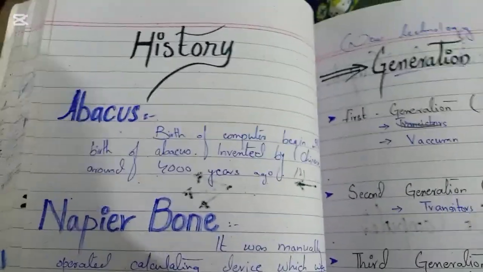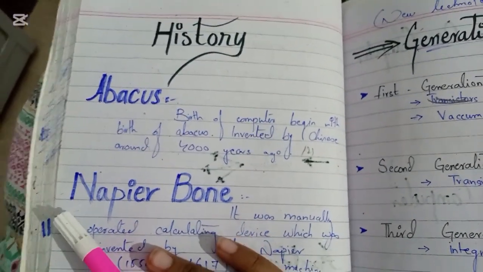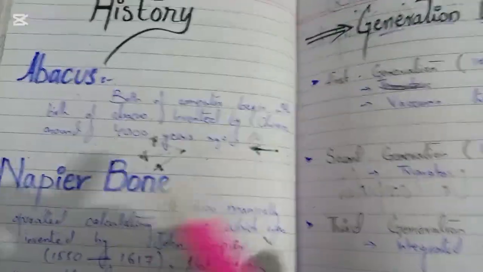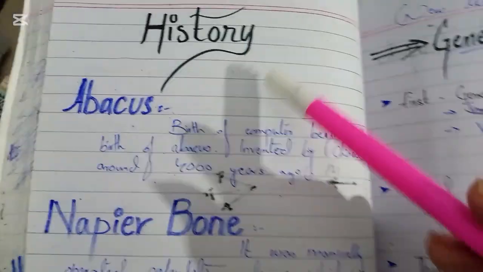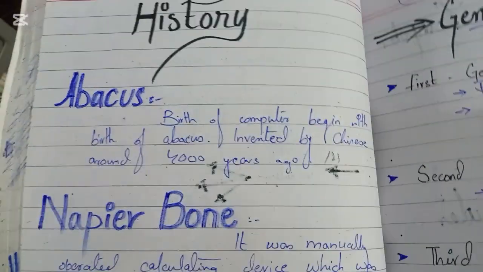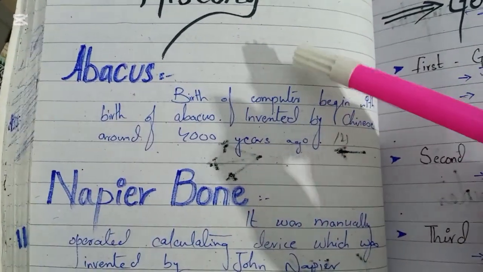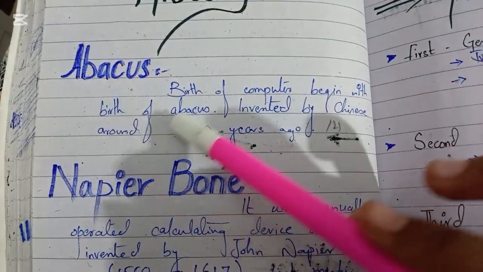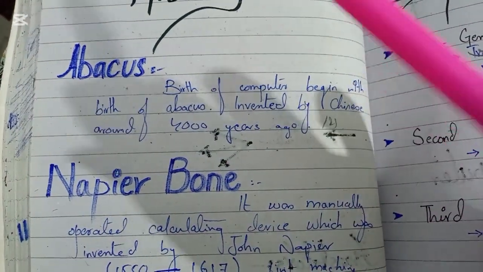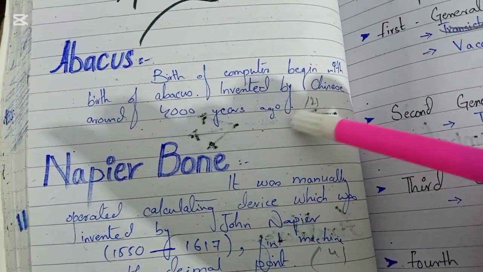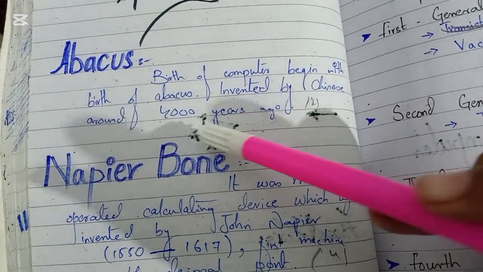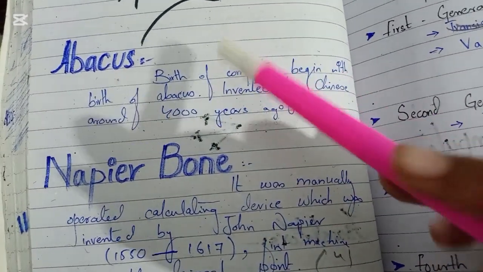Now let's talk about the history and generations of computers. First of all, we have the abacus, Napier's bones, and the Pascaline. Let's talk about the abacus first. The birth of the computer begins with the birth of the abacus.